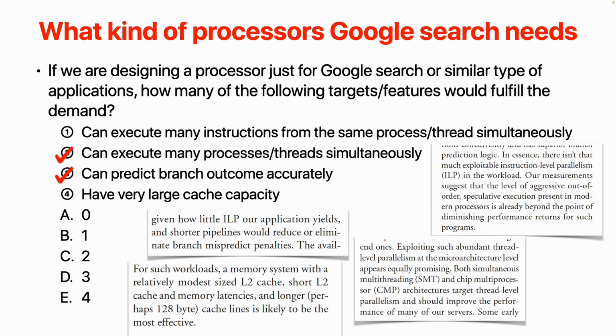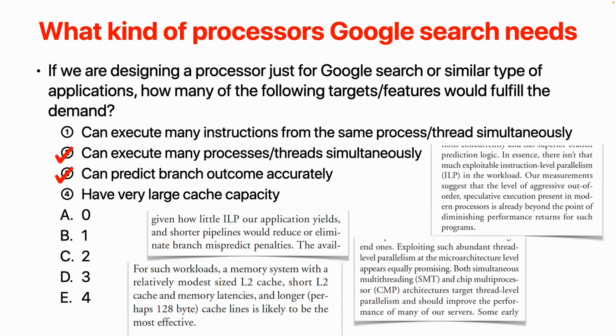Right. So the answer is a memory system with a relatively modest size L2, short L2 cache and memory latencies, longer cache lines is likely to be the most effective. It doesn't have anything to do with what you just said.